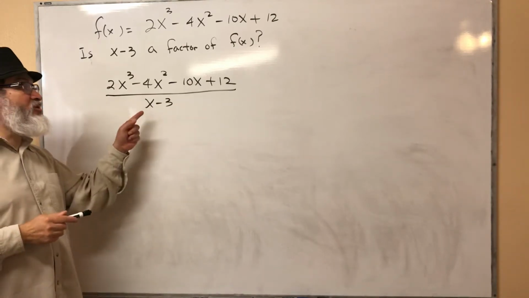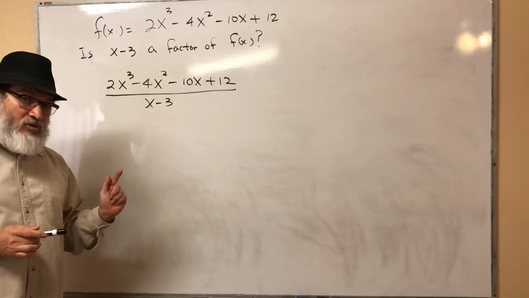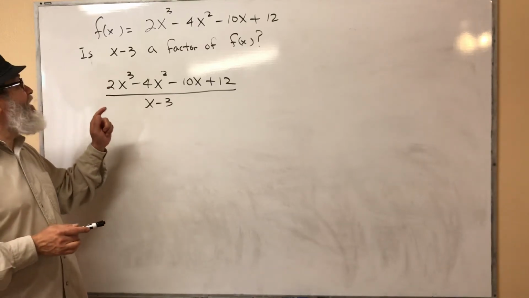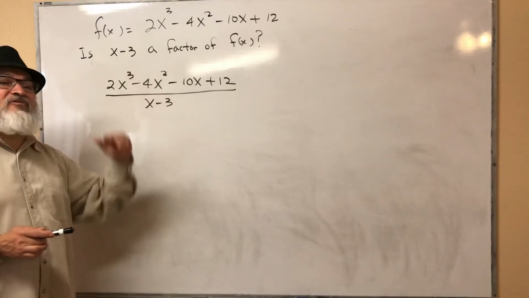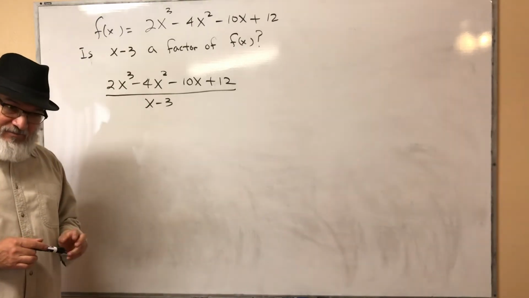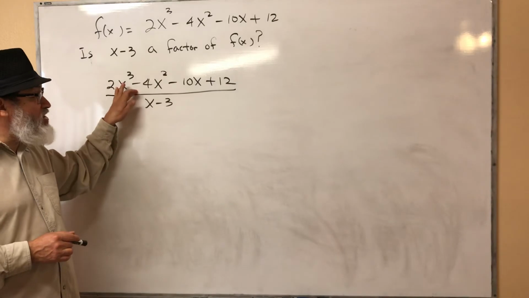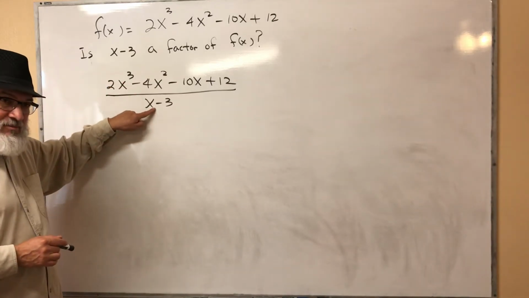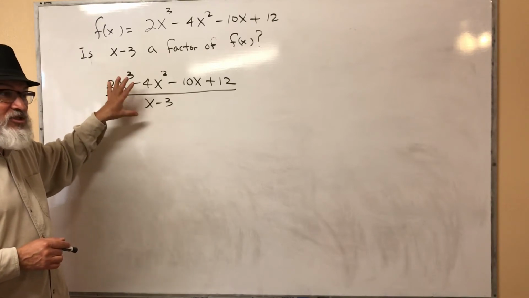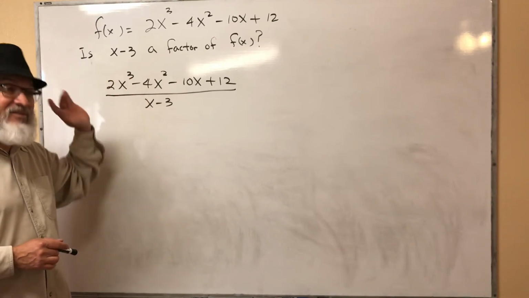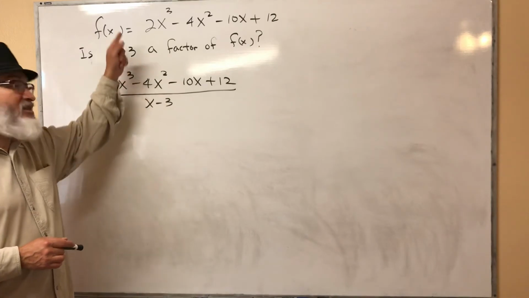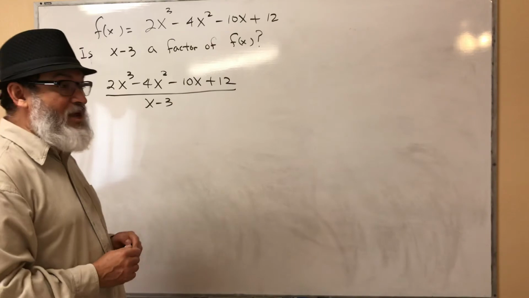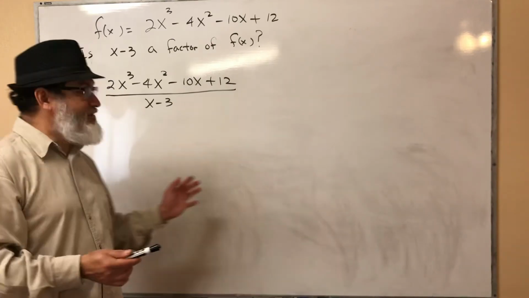If this produces a remainder of 0, then x minus 3 is a factor of f of x. The answer is yes. If it does not produce a remainder of 0, then it is not. Let's find out.